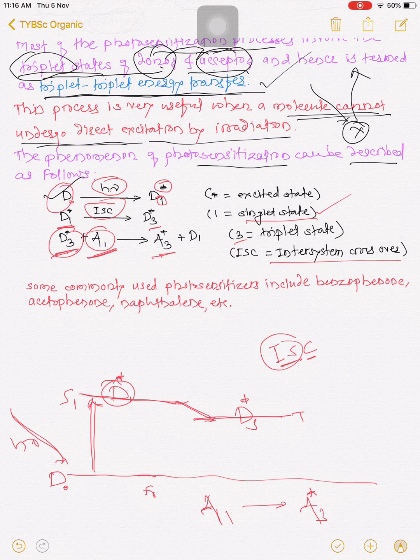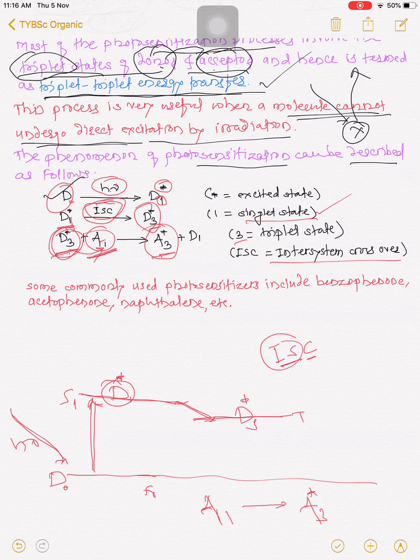So this donor initially absorbs energy, intersystem crossing takes place, transfer from singlet to triplet takes place, and the molecule present in the triplet state now gives energy to the acceptor, and this acceptor converts to a triplet state. So this transfer of energy is known as the photosensitization process. D is a photosensitizer because it gives energy, therefore D is a donor and A is an acceptor. So this is nothing but a photosensitization process.